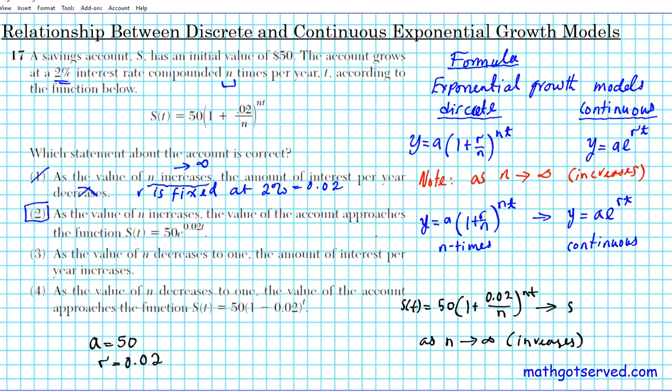It is going to be S of t equals the starting amount, 50, times e raised to the rate, 0.02 t. And that is exactly what we have here. This is the continuous growth model, when you take the discrete growth model and cause n to approach infinity. This highlights the connection between a discrete and a continuous growth model for exponential functions.